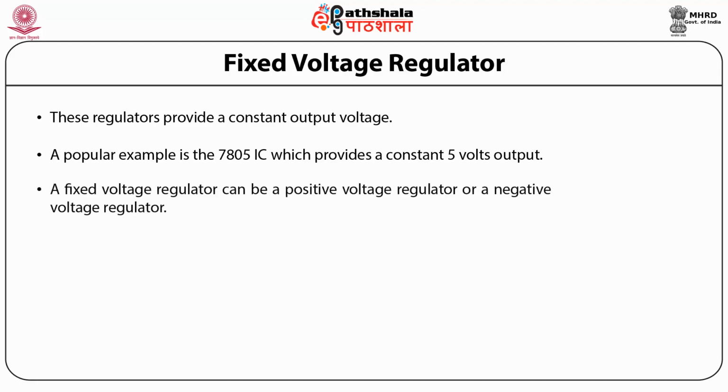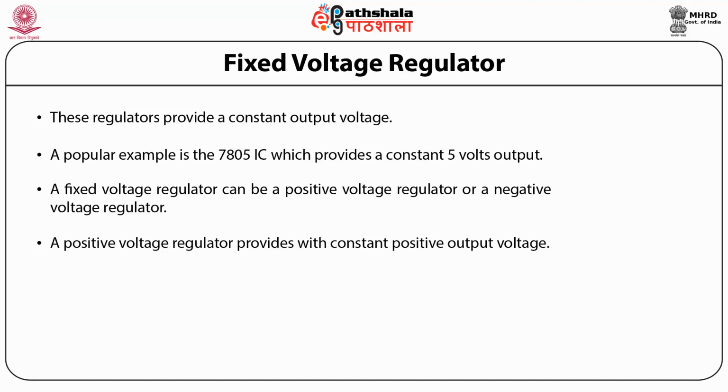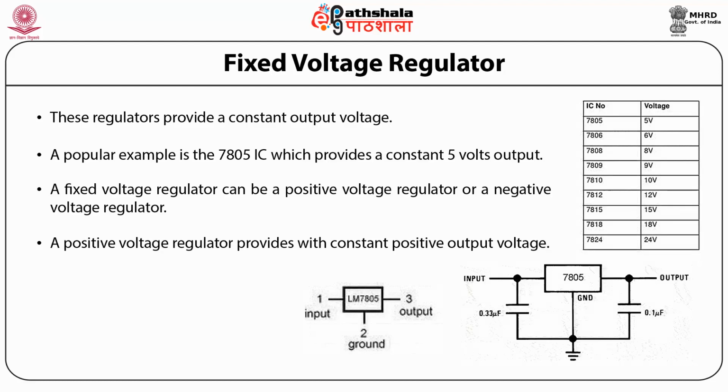A fixed voltage regulator can be a positive voltage regulator or a negative voltage regulator. A positive voltage regulator provides a constant positive output voltage. This table provides the corresponding voltages provided by the corresponding IC.